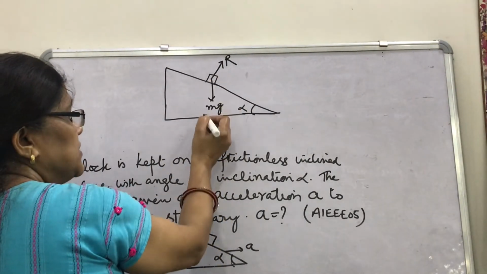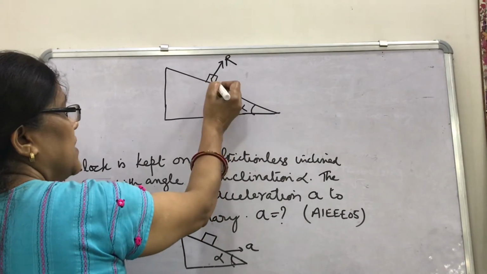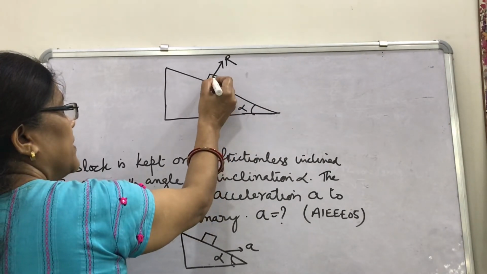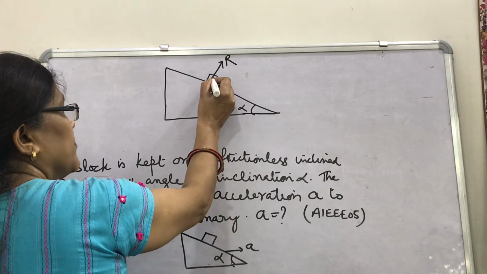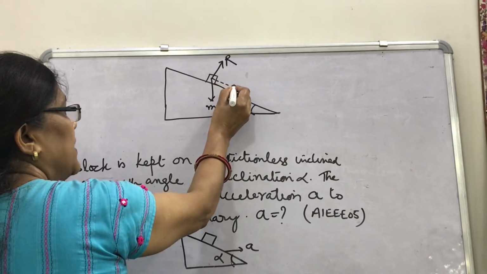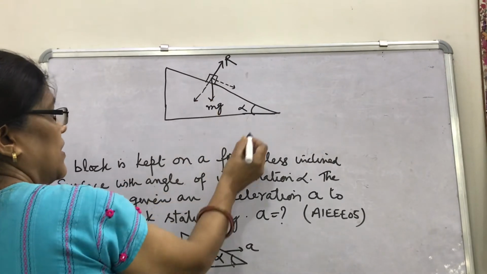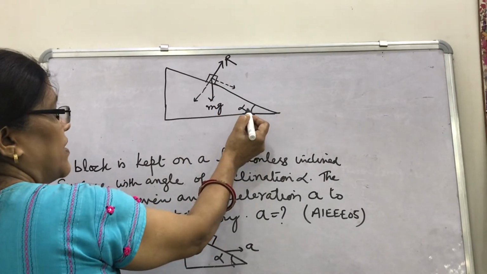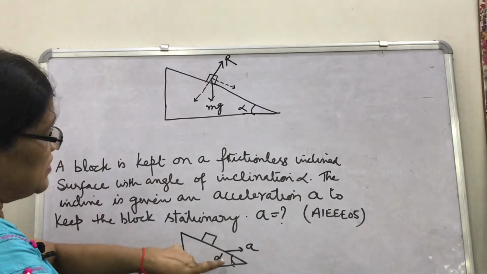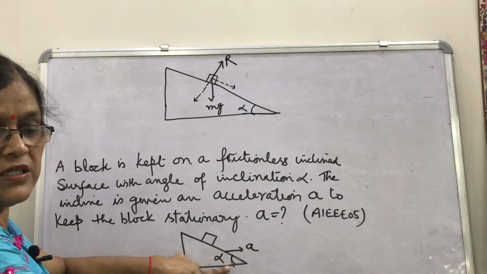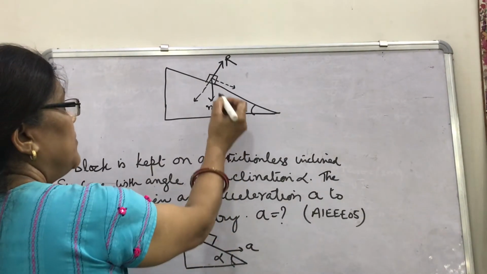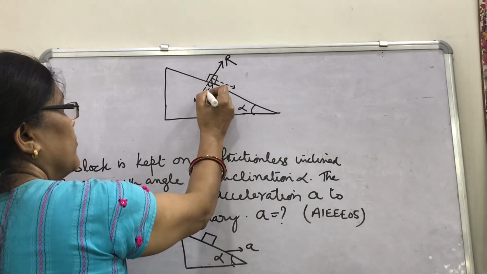Now the components of the weight along the inclination and perpendicular to it. How will you find them? If this is one component and this is the other component, and this angle is alpha, since it is given that the angle of inclination is alpha, then this angle will also be alpha.